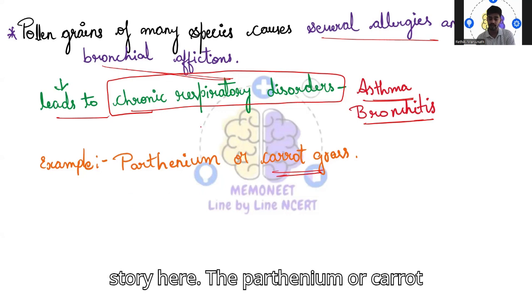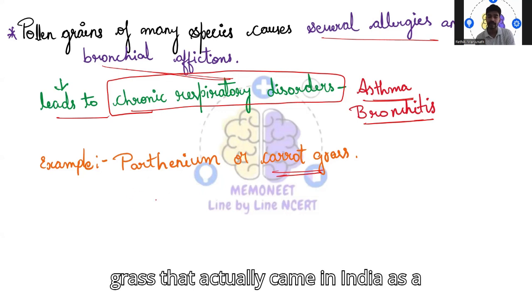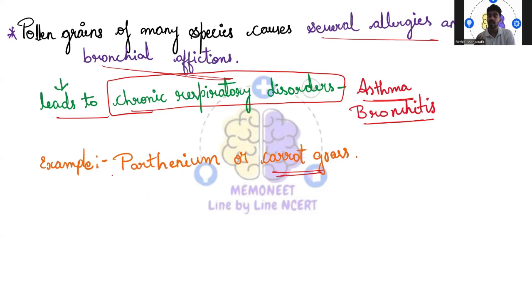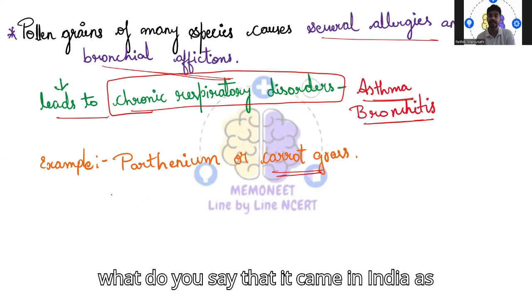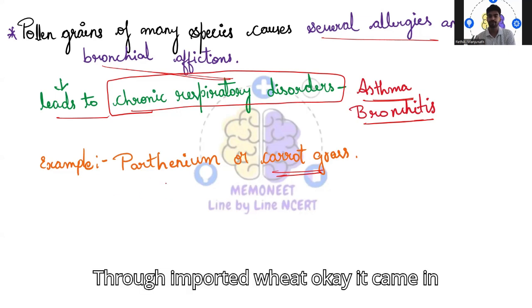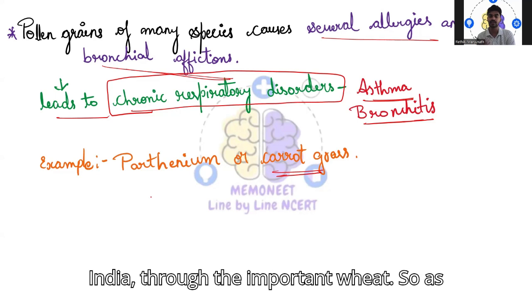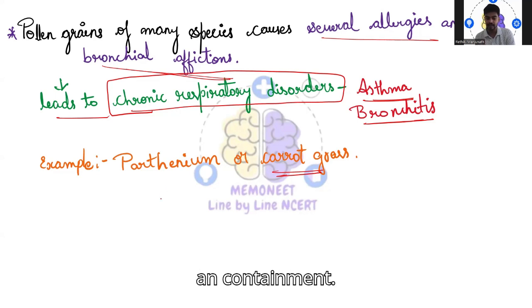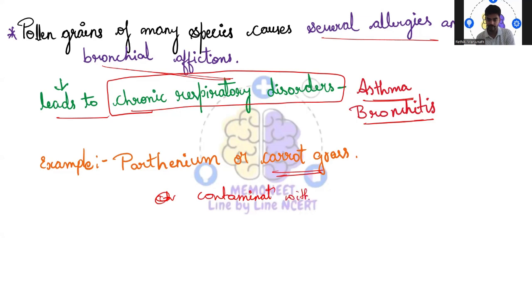So there is a story here. The Parthenium or carrot grass came to India through imported wheat, as a contaminant.